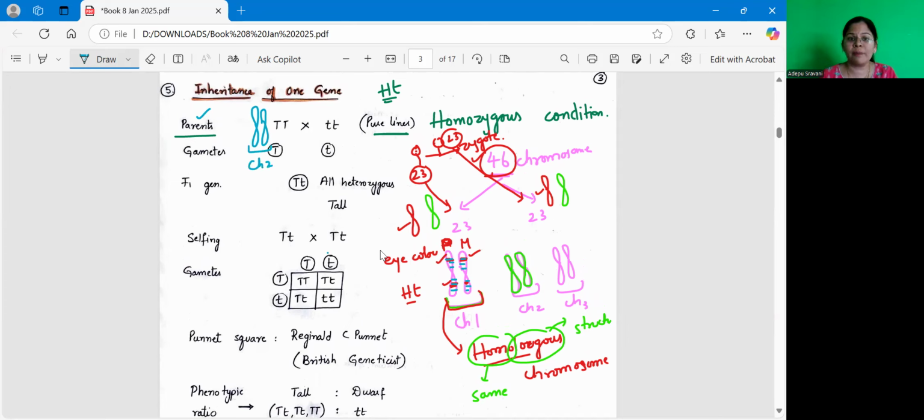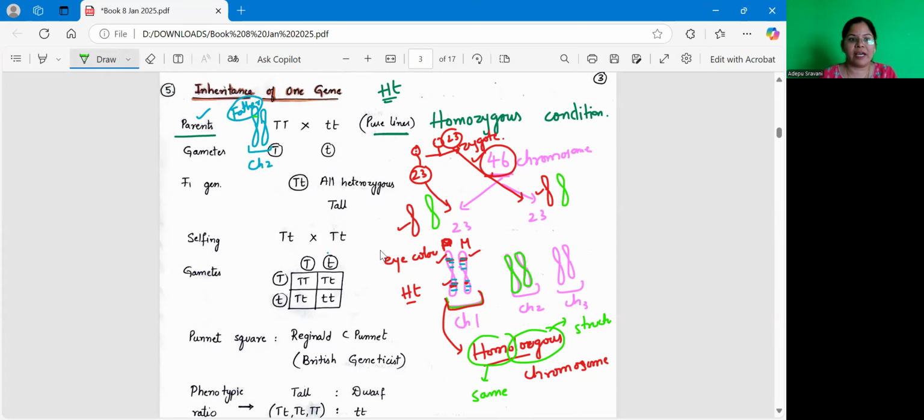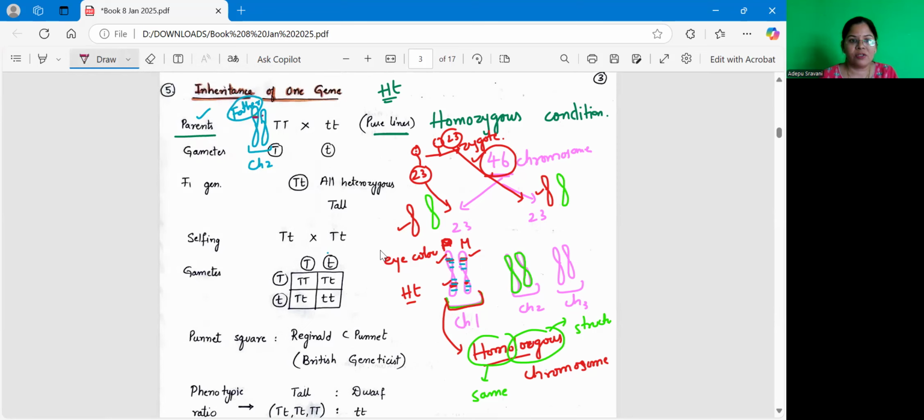So in chromosome number 2 of the father, or male, let us consider this, we have a gene for height for the pea plant. And this gene for height, let me draw with some contrasting color. So the gene for height for the pea plant is here.